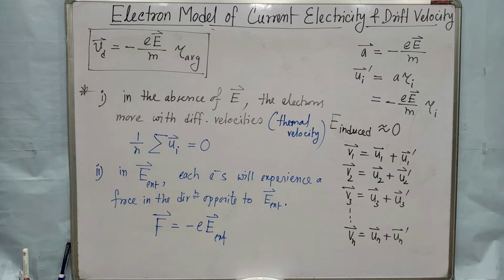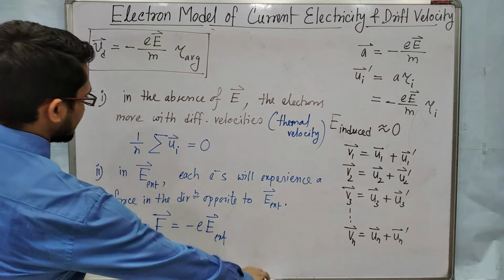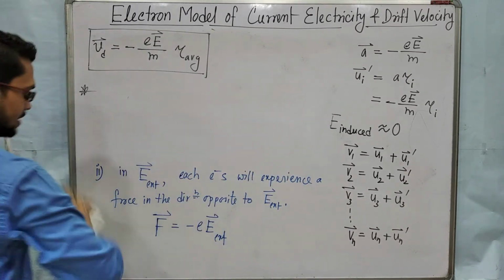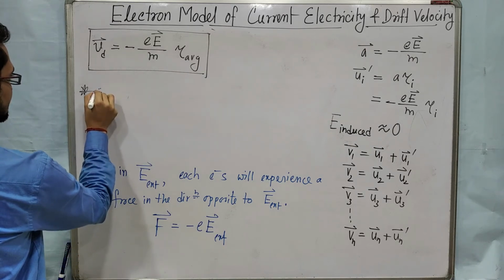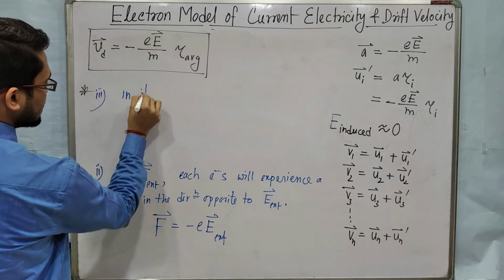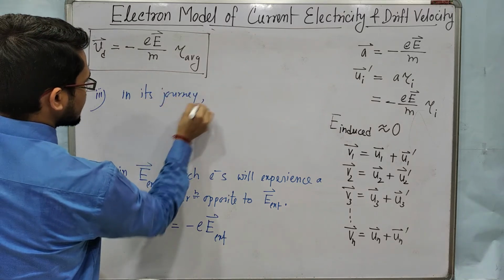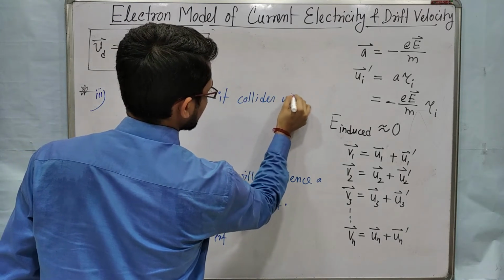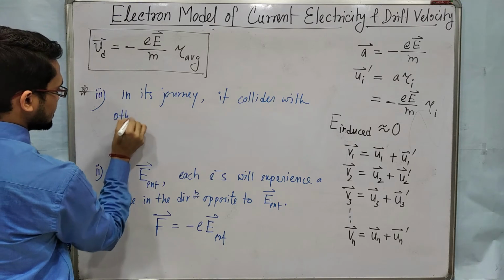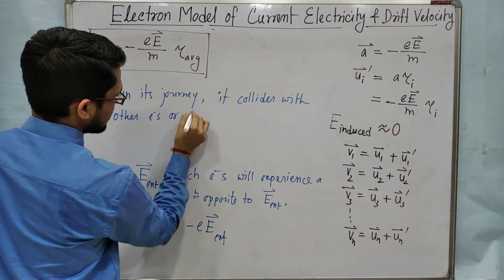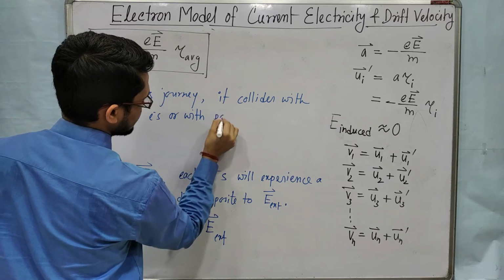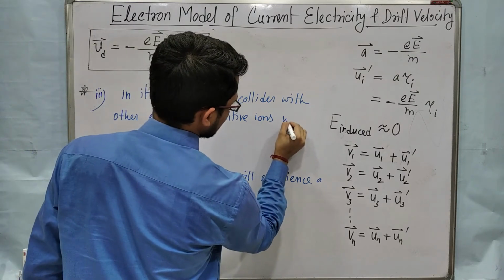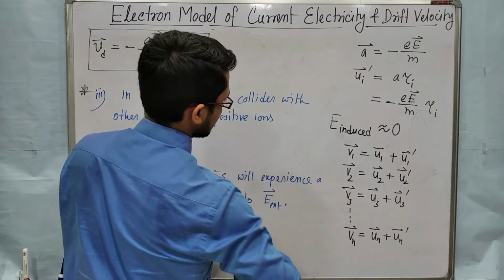And the third assumption is that in its journey it collides with other electrons or with positive ions, which is an elastic collision.